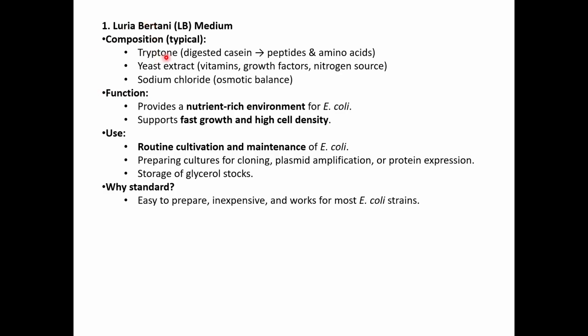Its composition is tryptone, yeast extract, and sodium chloride, and it provides a nutrient-rich environment for E. coli, supports fast growth and high cell density, and is used for routine cultivation and maintenance of E. coli, and preparing cultures for cloning, plasmid amplification, expression, etc. It can also be used for storing cells by freezing them in glycerol stocks.